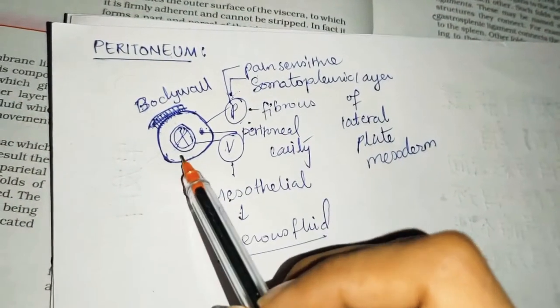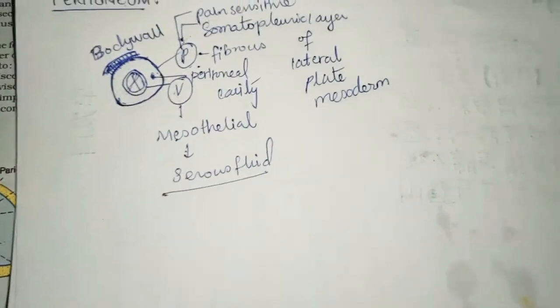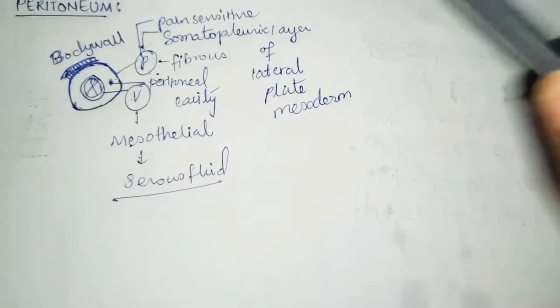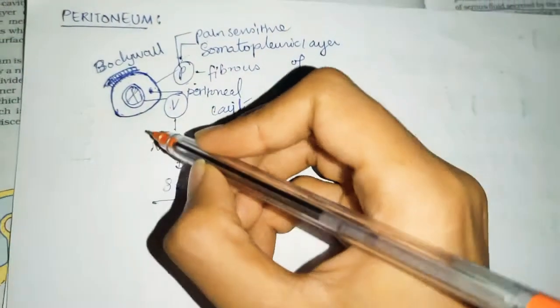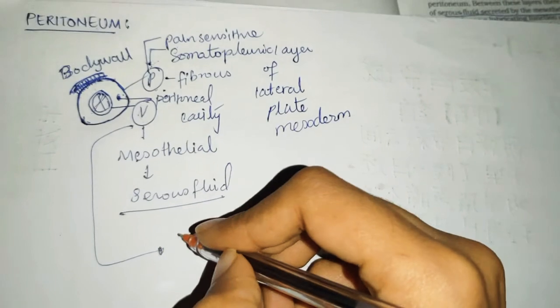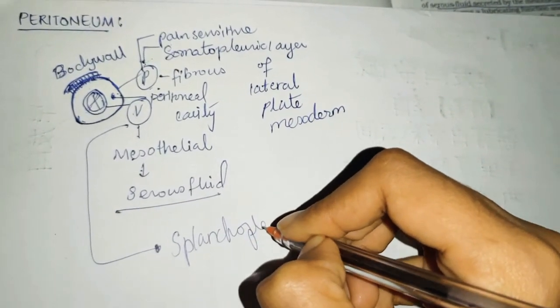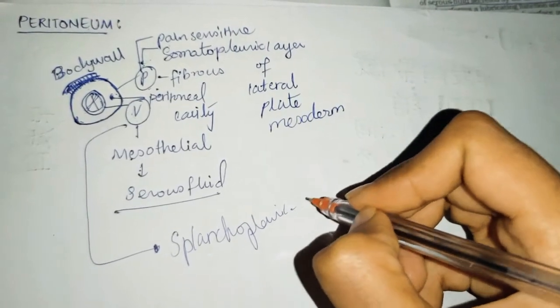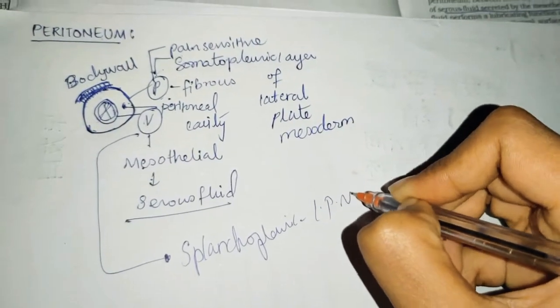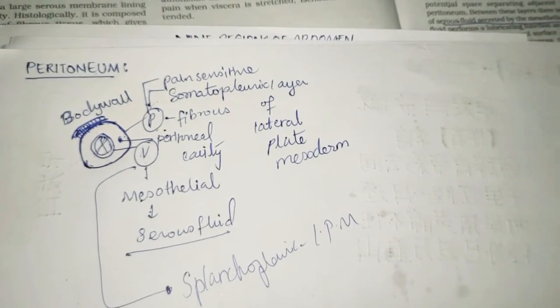Now coming to the visceral peritoneum. The visceral peritoneum is in very close contact with the organ present around it, and embryologically the visceral peritoneum originates from the splanchnopleuric layer of lateral plate mesoderm. The blood supply and nerve supply are the same as the underlying viscera.